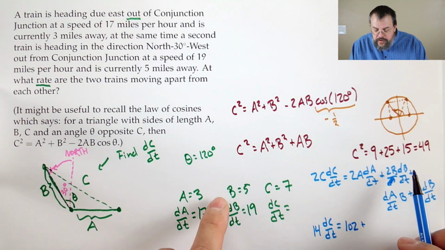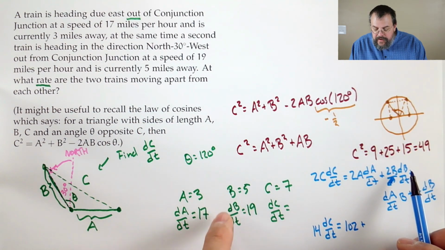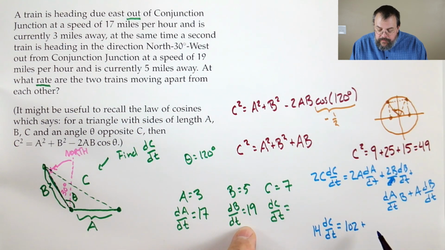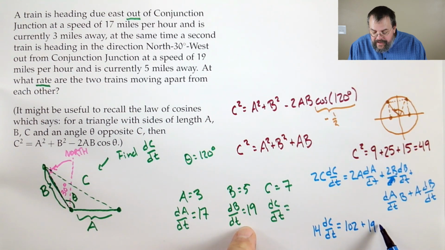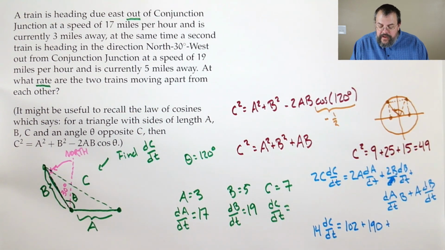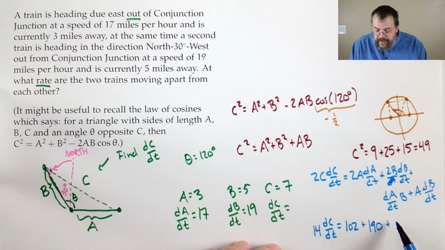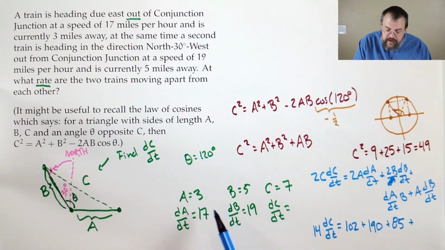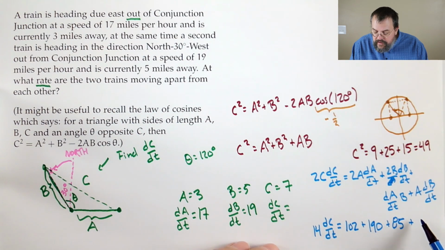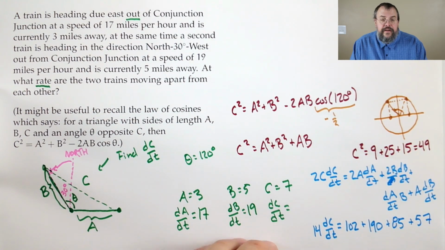Then we have 2 times b, which is 10, times dB/dt, which is 19. Well, thank goodness, 10 times 19 is really easy. That's 190. Plus, then we have our dA/dt times b, so 17 times 5, that would be 85. So plus 85. And then a times dB/dt, that would be plus 57. All right, there we go.